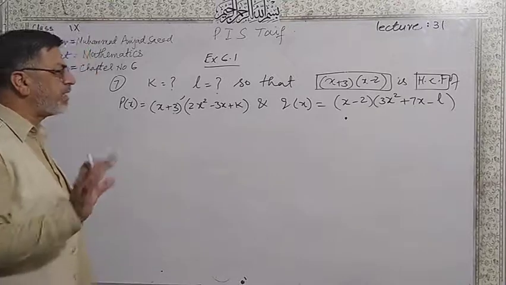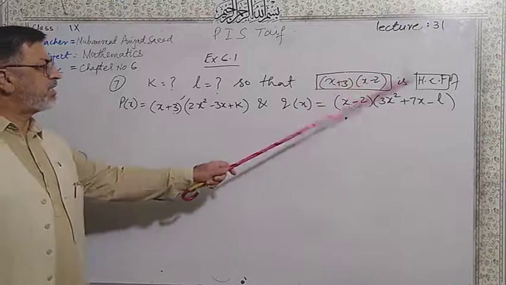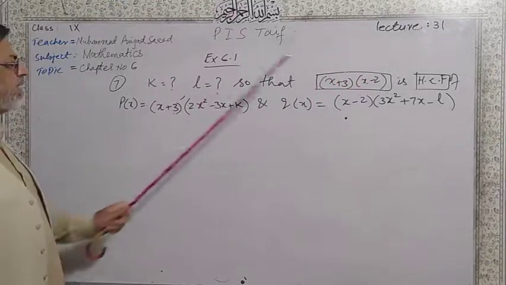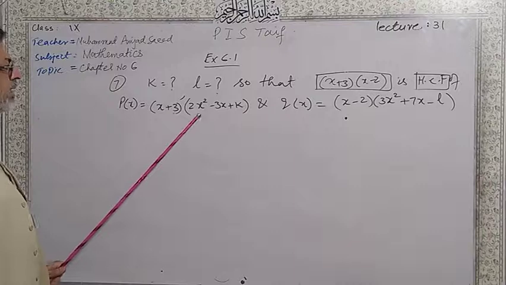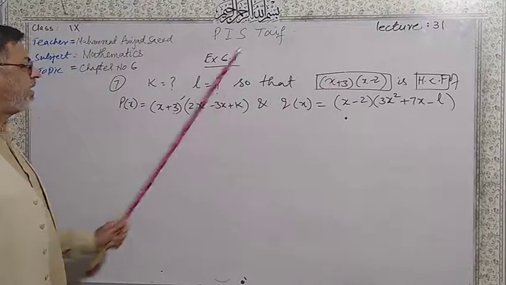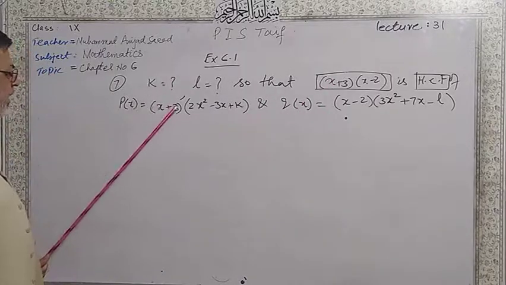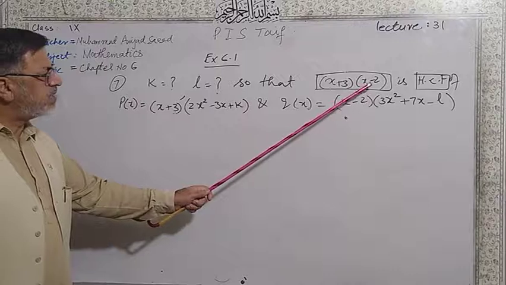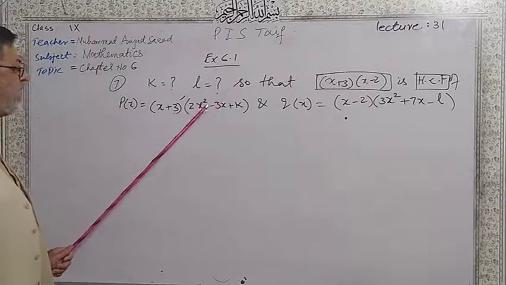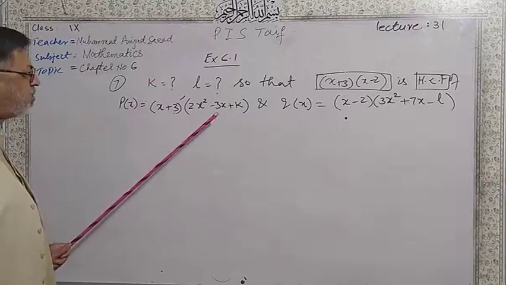So it's very important, listen carefully. If x plus 3 and x minus 2 is HCF of P of x, then this must divide this exactly and the remainder must be 0. You can see if this is divided by this expression, x plus 3 and x plus 3 cancel out, then x minus 2 must divide this part exactly and the remainder must be 0.